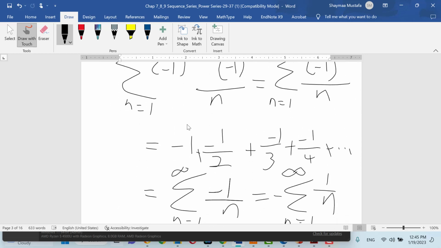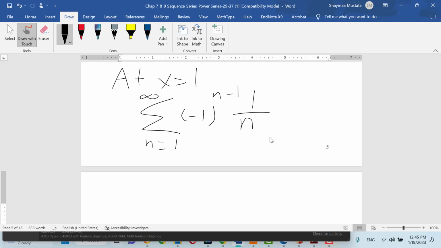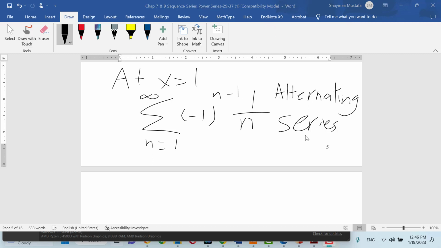Your new series will be the summation from n equal to 1 until infinity of -1 to the n over n. This is an alternating series. So we need to check the alternating series test.